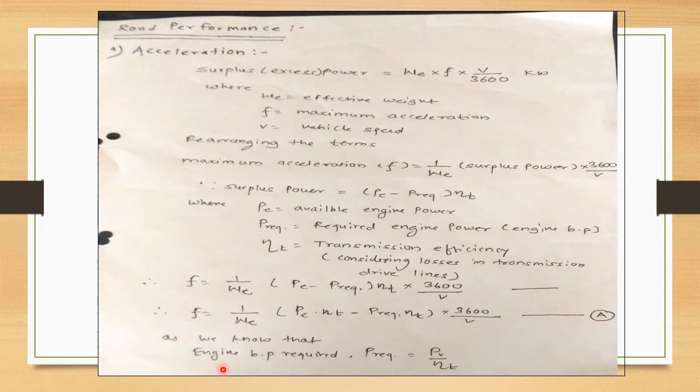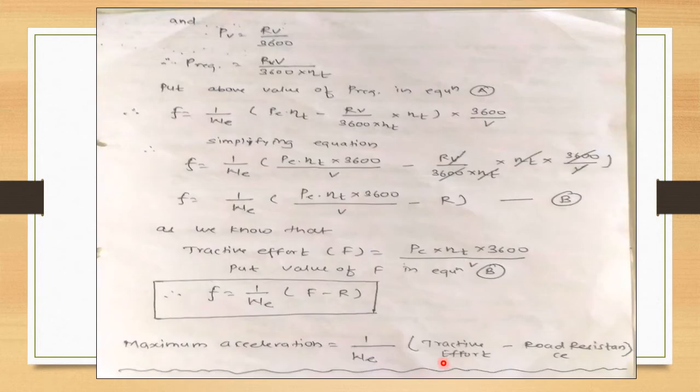As we know, the engine brake power required, which we discussed in the first lecture about the power required for propulsion, P required is equal to PV divided by eta t. At the same time PV is equal to RV divided by 3600. Therefore P required is equal to RV divided by 3600 into eta t.